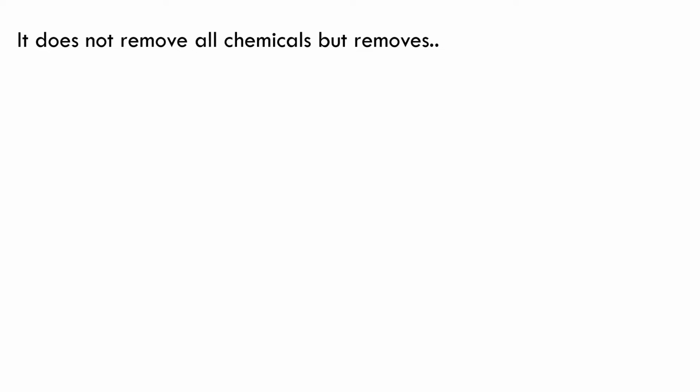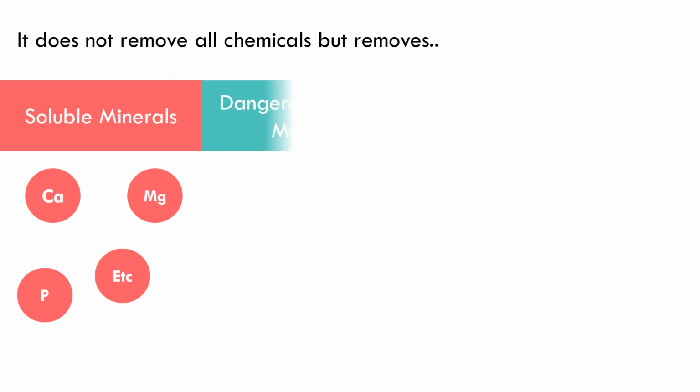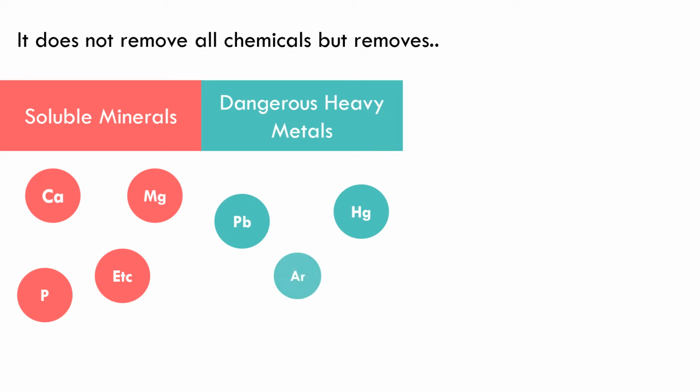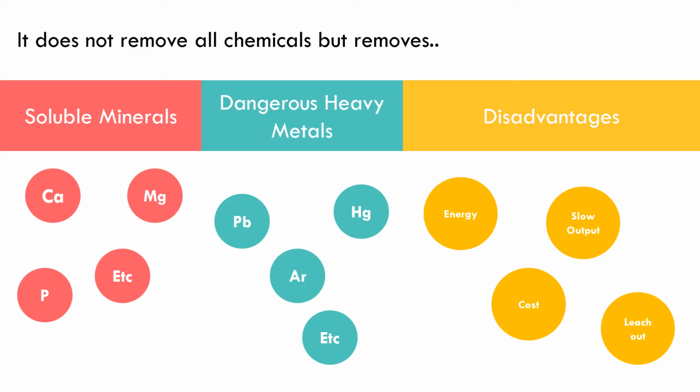Distillation does not remove all chemicals but removes some soluble minerals like calcium, magnesium, phosphorus, etc., and some dangerous heavy metals like lead, mercury, arsenic, etc. Apart from advantages, there are some disadvantages of distillation: the energy needs of the unit, the cost, and the slow output.